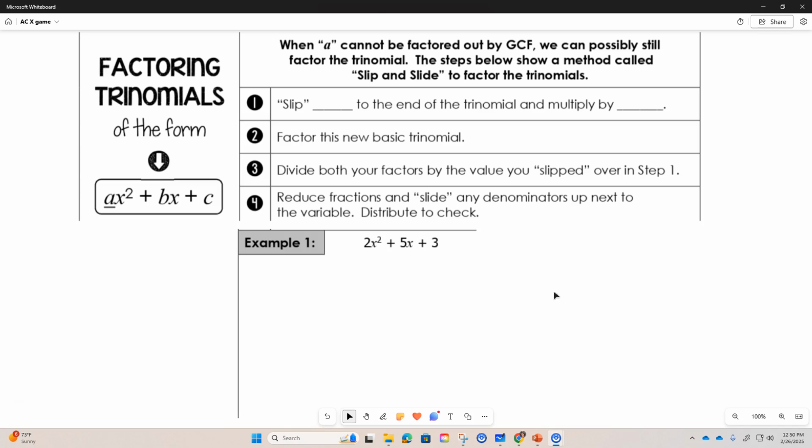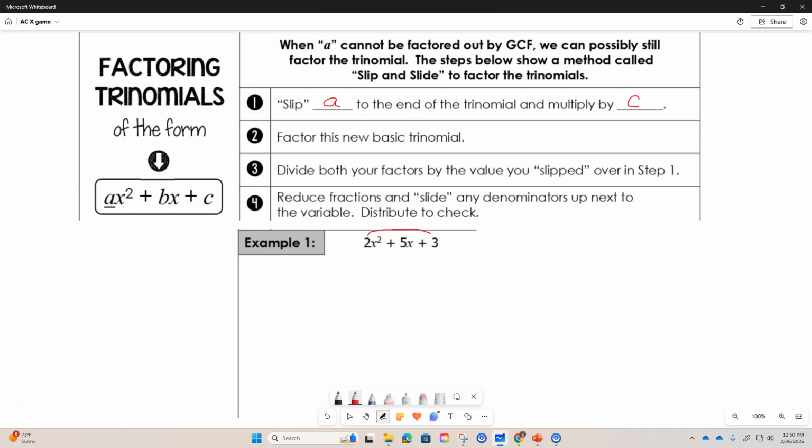You're going to slip. You're always going to slip. Sorry, let me grab my pen. You're going to slip your A to the end of the trinomial and multiply by C. So I'm just going to take this A right here.